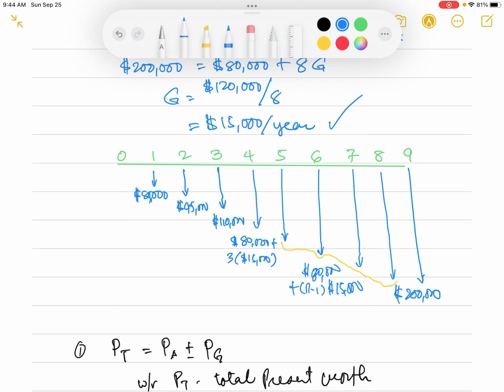So that is the concept of having a deposit or revenue that increases at a certain amount every year.